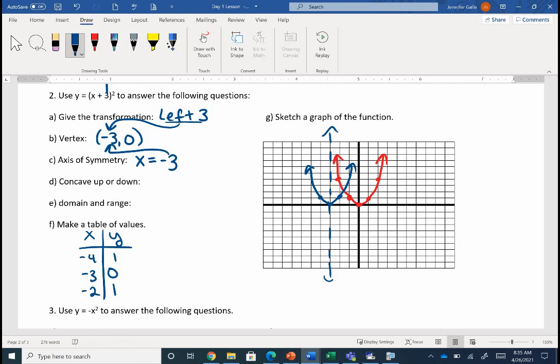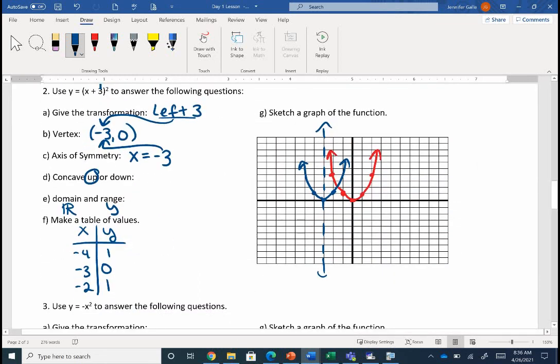Our graph is still opening up. You want to circle it, if you want to write it, it's up to you. The domain, again guys, for all of these, just like with the exponentials, I can square any value I want. There's not going to be any value I cannot square. The range is going to take our focus. So for our range, we have to see in this case what our lowest y value is. So we have to be careful. -3 is not a y value. My lowest y value is 0.